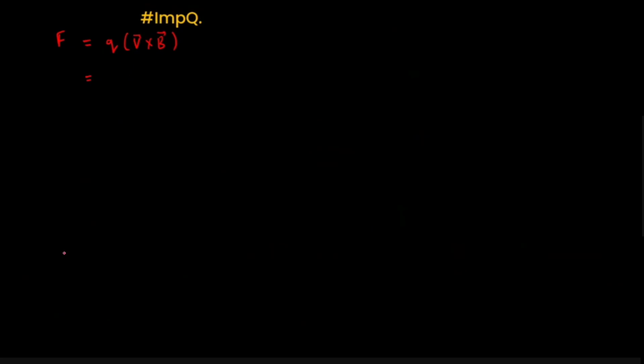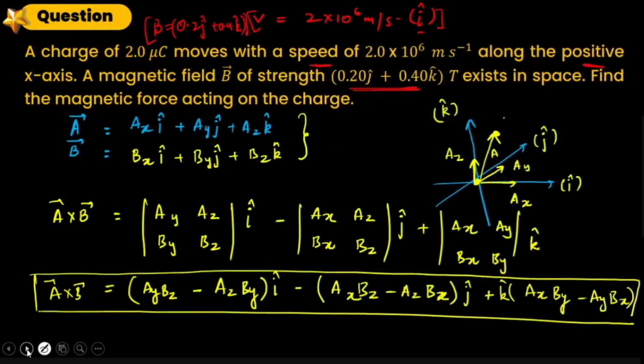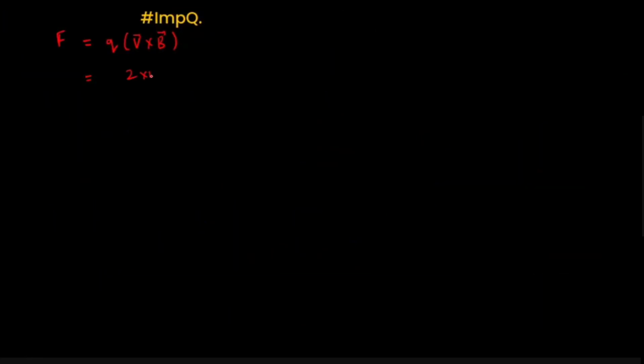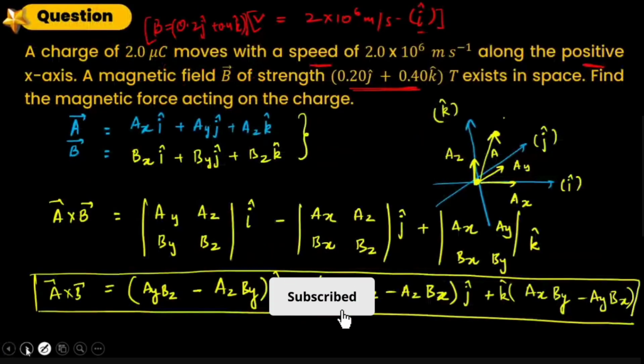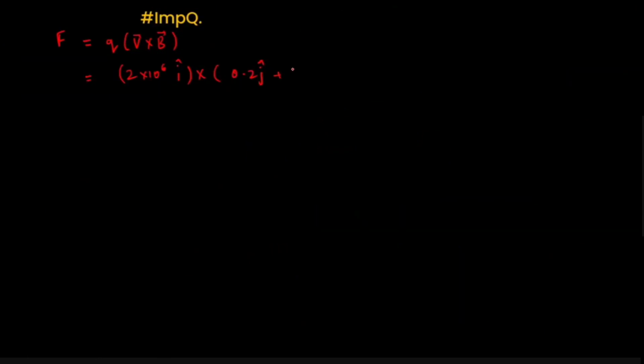This V vector is 2 times 10 to the power 6 i cap, cross product with 0.2 j cap plus 0.4 k cap.